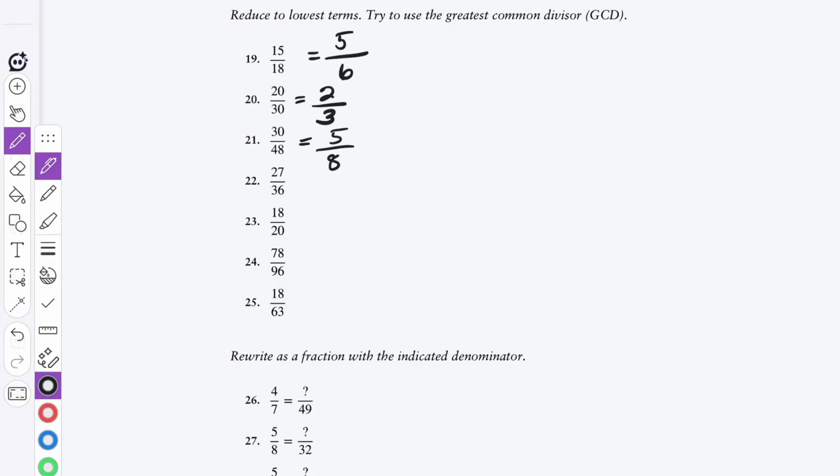And I'm running out of room, so I'm going to skip down to 24. And actually, I'll do 23. So this would be, let's see, 9 over 10.